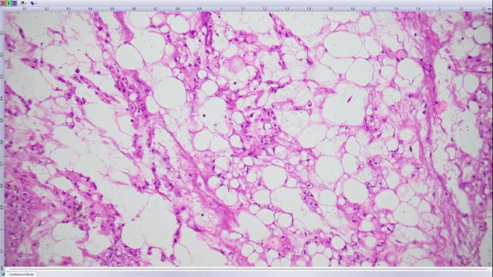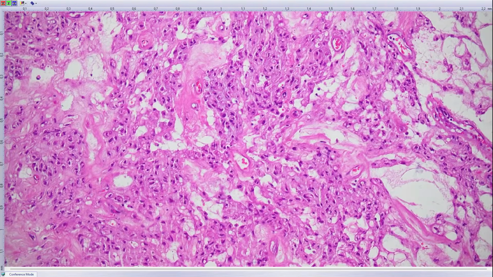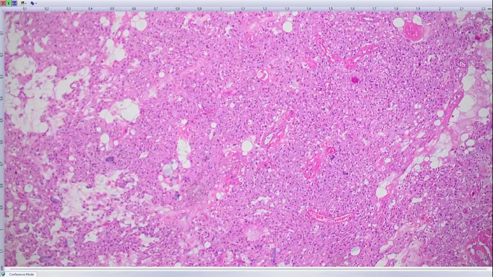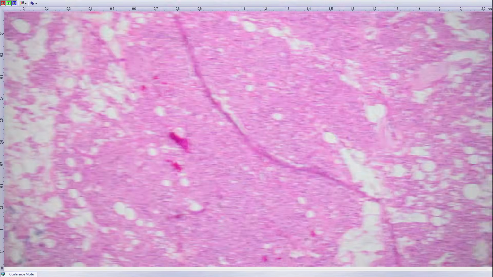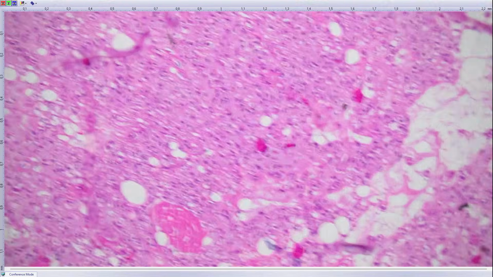So these are lipoblasts, immature fat cells. There's a very large quantity of them, and together with the background of myxochondroid stroma, it's this bluish, grayish color right here.